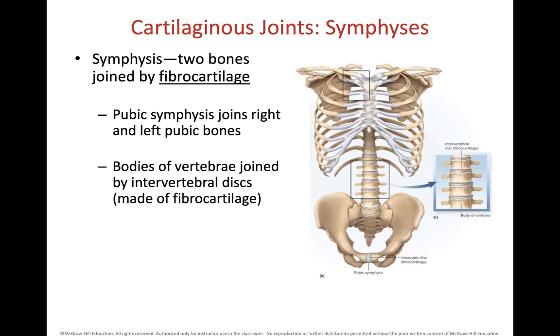So not a whole lot of movement with symphyses typically. If you add up the entire spine, obviously we have a lot of mobility, but between individual vertebrae, not a ton of mobility. And definitely not a whole lot between the two hip bones.